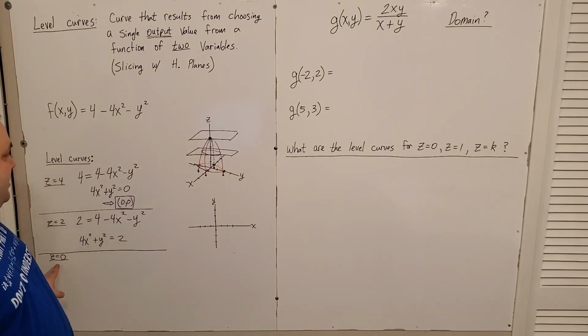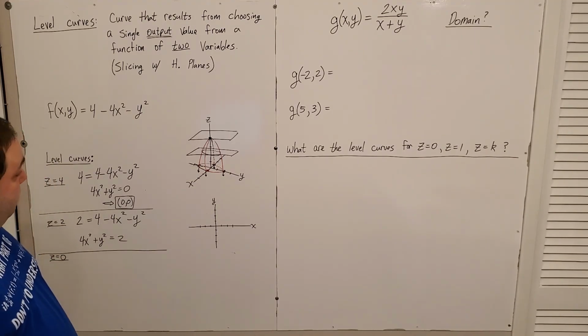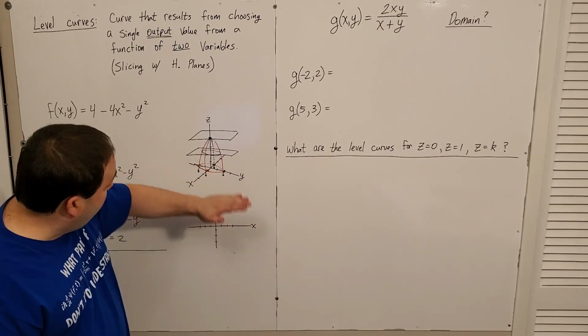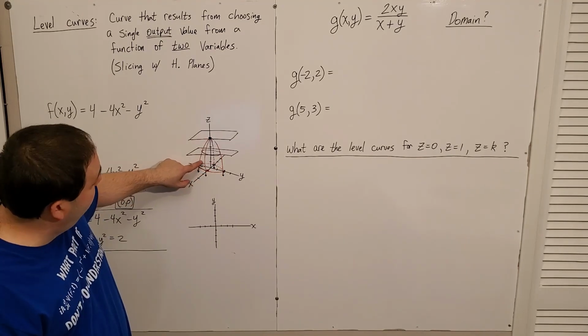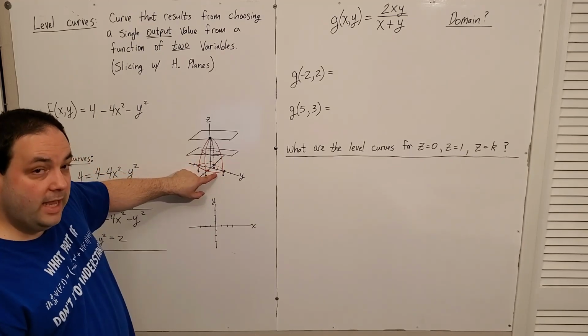And then what about z equals 0? Well, z equals 0 is the xy plane. That I already have drawn in there. The xy plane is slicing, and that's where I have this xy trace right here. The xy plane trace is that ellipse right there.